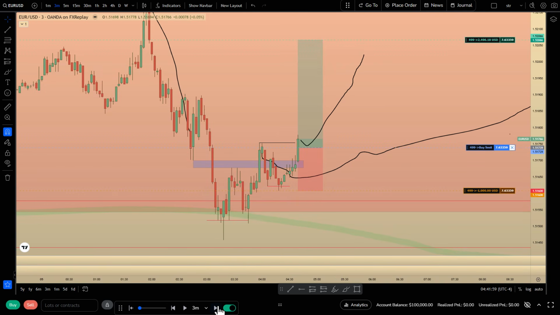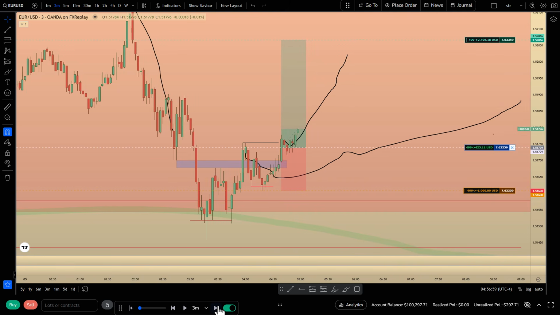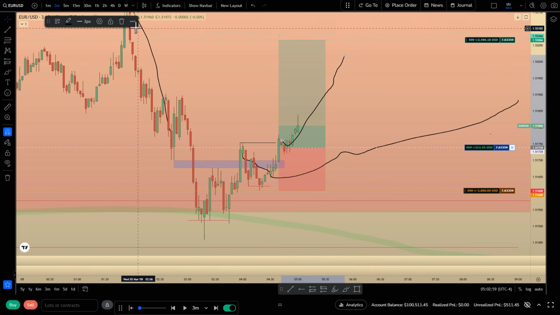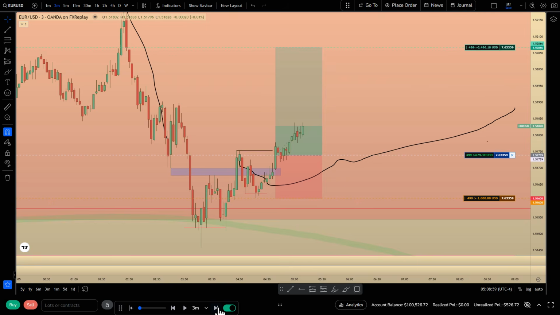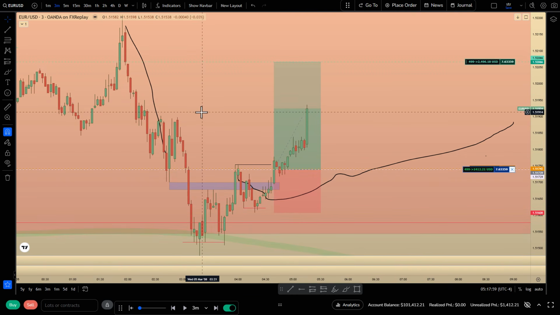Alright, we are in the trades. We don't need to move stop loss. Alright, now we need to go break even. We broke this, and the stop loss is pretty much below this block.